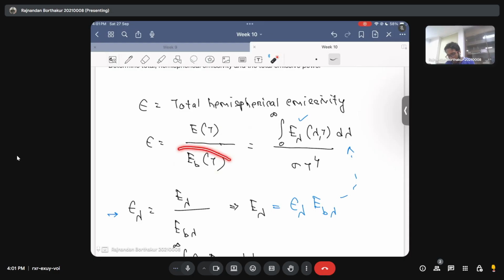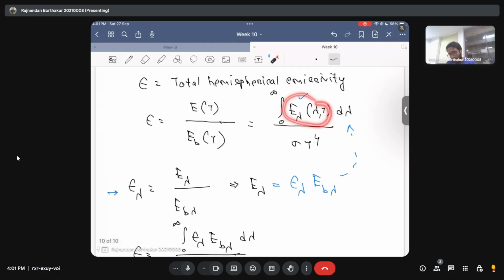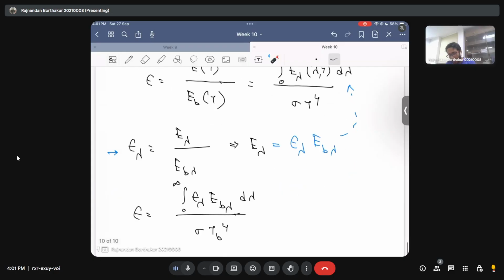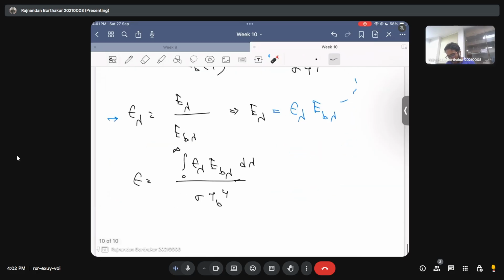But we know that this EB is just equal to sigma times T raised to the power 4. Then we are replacing the spectral emissive power of a real surface in terms of a black surface by introducing the spectral emissivity here. So this equivalently becomes the spectral emissivity times the spectral emissive power of a black body, integrated over all wavelength, divided by sigma times T raised to the power 4.